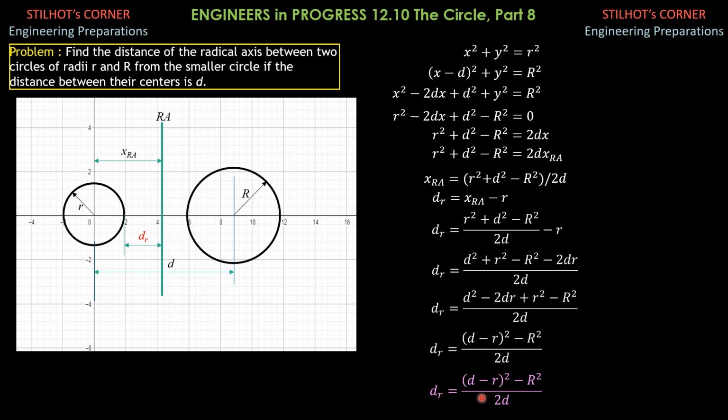The formula would be, you just interchange the positions of small r and big R squared. So this formula would become d sub capital R, the distance of the radical axis from the bigger circle, which is this, is equal to quantity d minus big R squared, then minus small r squared over 2d. That would be the result, and you can verify that in a problem.